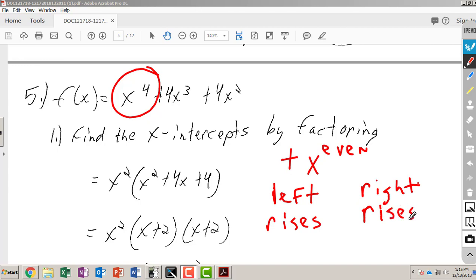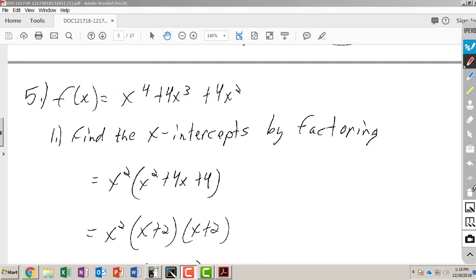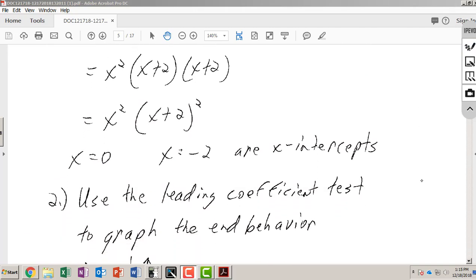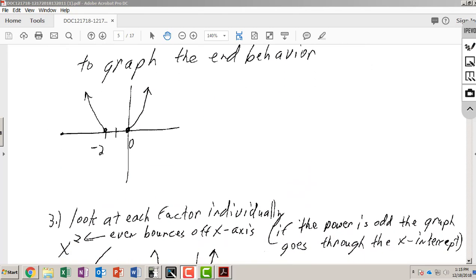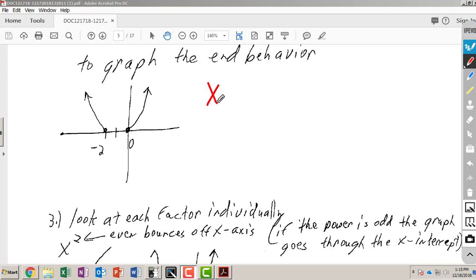So now that I have that information, I'm going to go back to my graph here. So here's my graph. My leading coefficient was x to the 4th. So that means that both these sides are going to go up.